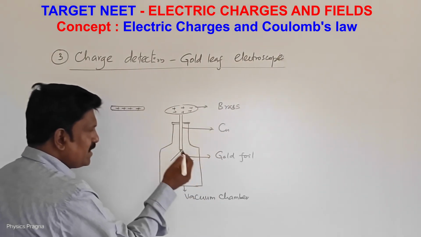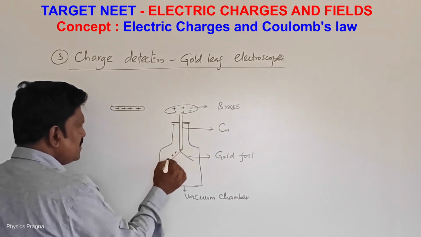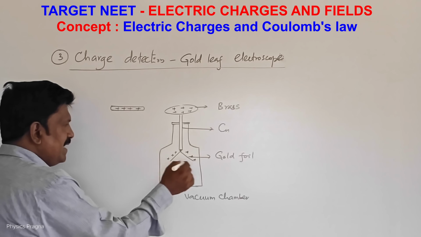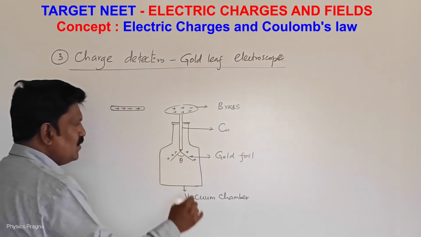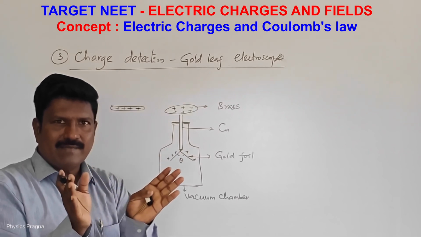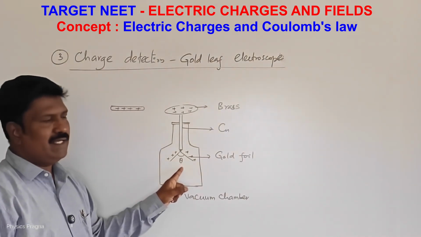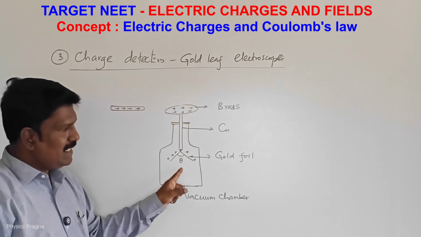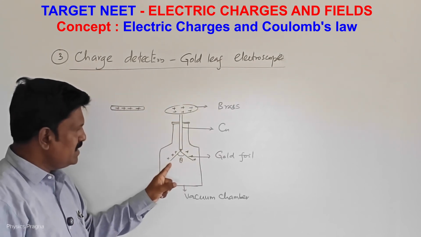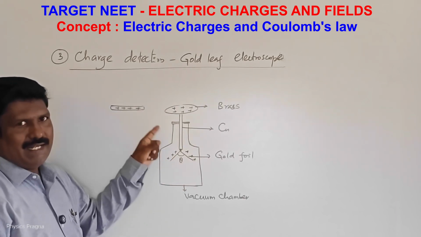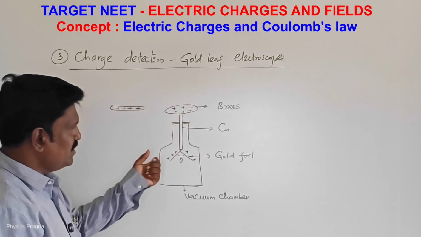Copper is a good conductor of electricity, so all positive charges go down and they repel each other. Because of the repulsion, these gold foils will have some angular displacement. By calculating the angular displacement, we can determine the magnitude of charge on the body. Like this, we can detect and also measure electric charges.